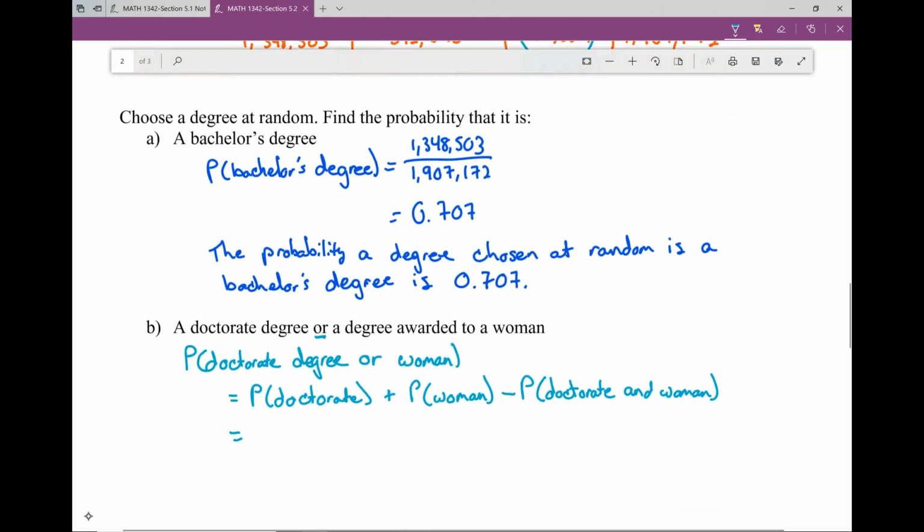So, those that have a doctorate degree is 46,024 out of the 1,907,172, plus the total number of women, which is 1,098,371 out of my 1,907,172.